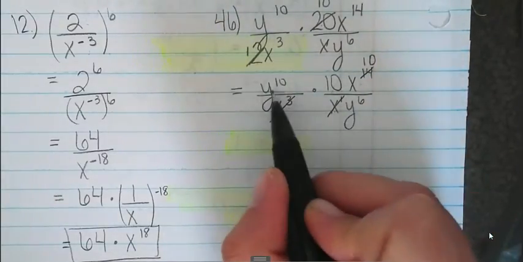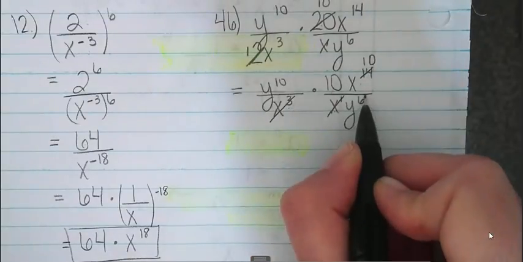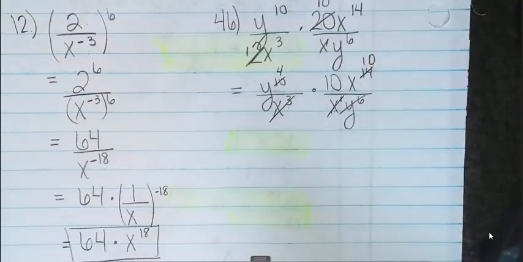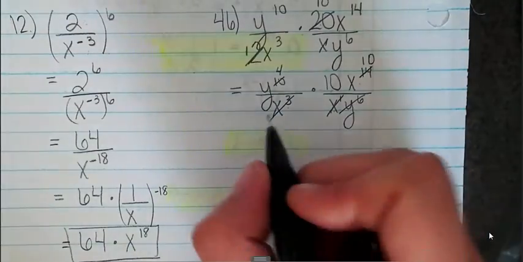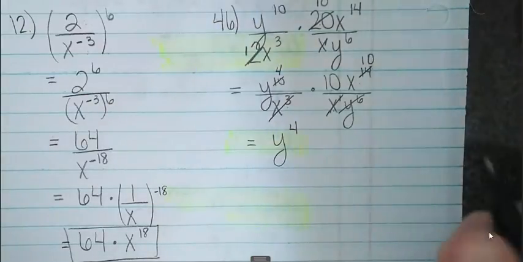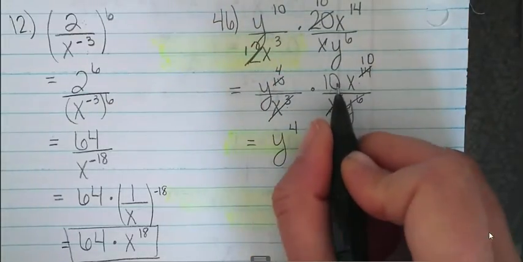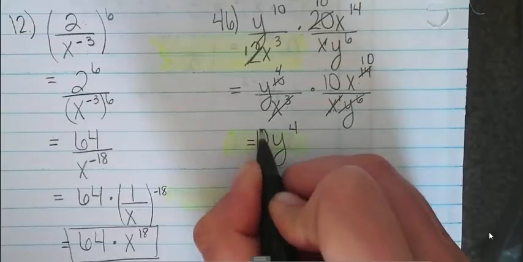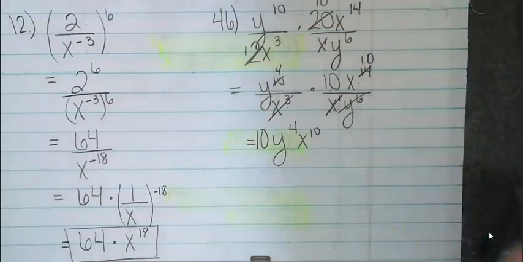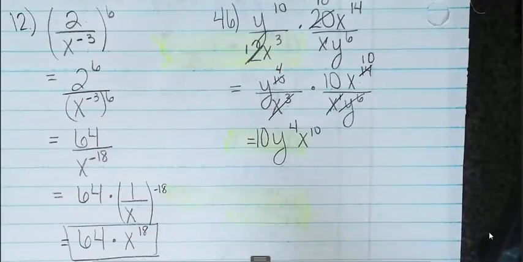Like bases, I'm going to subtract the exponent. So these y's go away, and this y I'm left with 4. So I am left with y to the 4th. I've got a 10 in there, so I'm going to bring that 10 coefficient out to the front, and x to the 10th power. So that's one way of doing this.